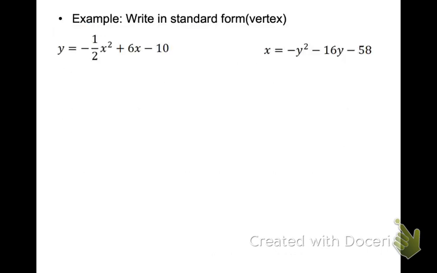So we need to write these in standard form, otherwise known as vertex form. So vertex form is y equals a(x minus h) squared plus k.